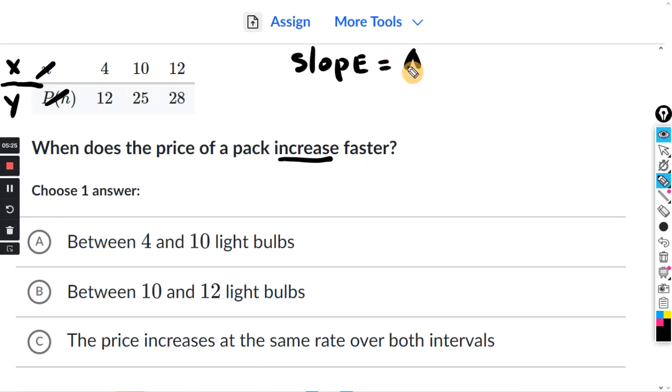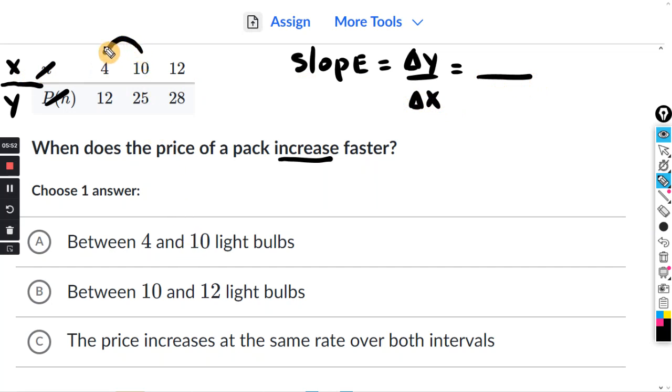Okay, and that's still going to be change in y divided by change in x. Let's see, n is the number of light bulbs. That's this row right here. So between 4 and 10 light bulbs, we could do our slope between 4 and 10. We'll do change in x first. These are the x values between 10 and 4.